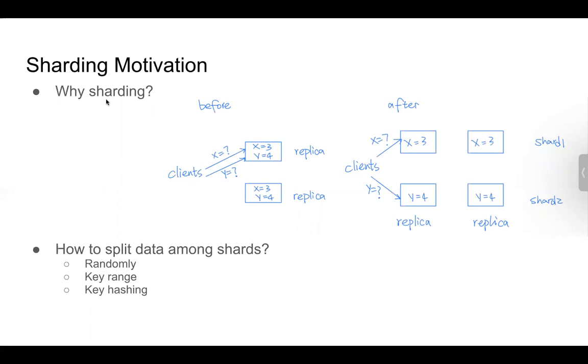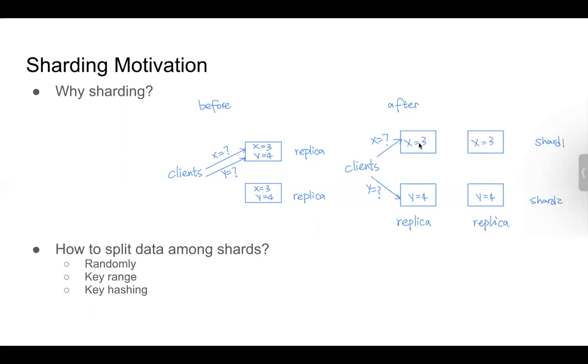Sharding is how we achieve scalability in this case. Before, we would have two replicas for the clients in a distributed system. It will be fault tolerant because it has two replicas, but it doesn't necessarily mean high throughput if we store the data in both of the replicas.